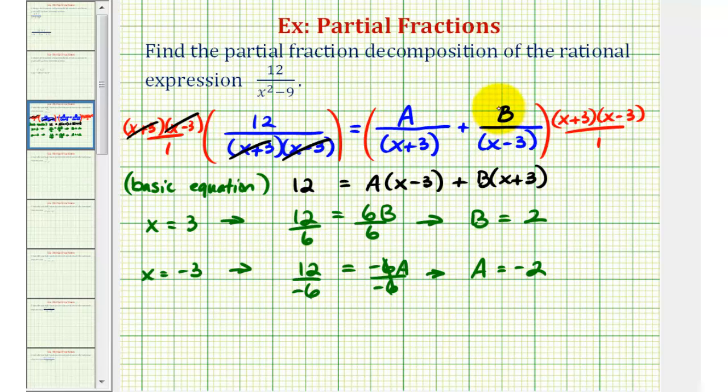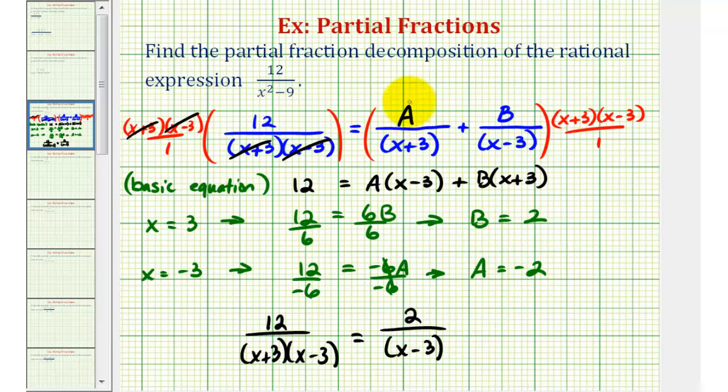So we could leave it like that, but it'd be more common to write the positive fraction first. So we found that 12 divided by the quantity x plus 3 times the quantity x minus 3 is equal to, again, we're going to put the second fraction first. b is positive 2. So we have 2 divided by the quantity x minus 3.